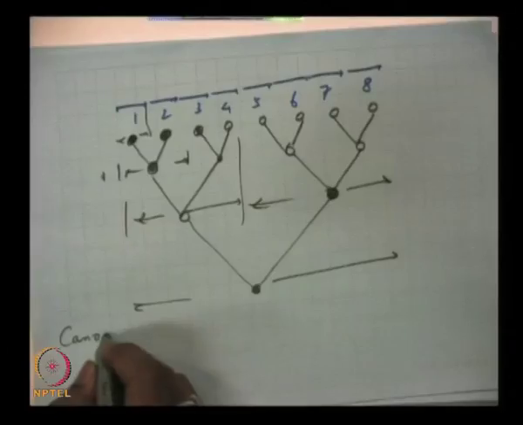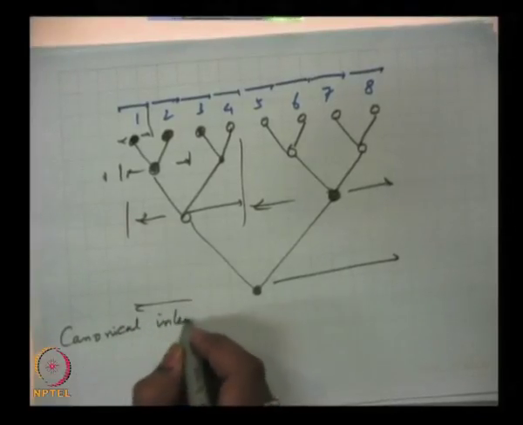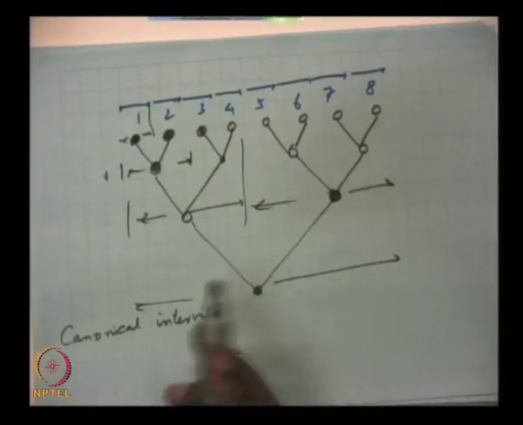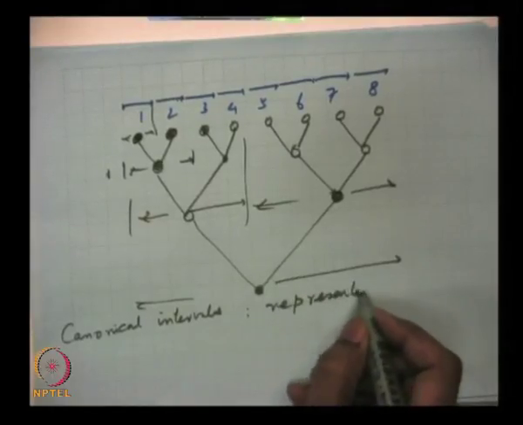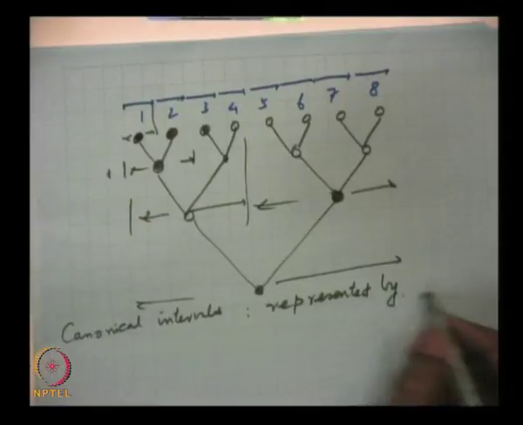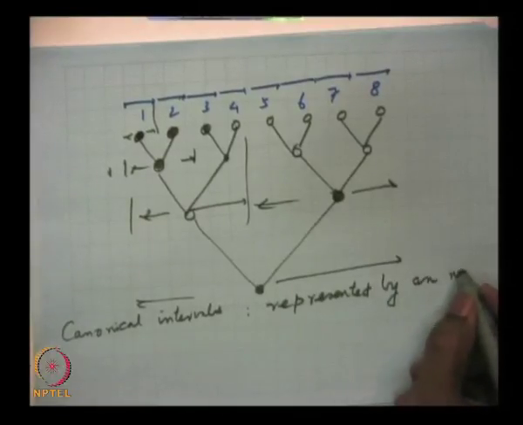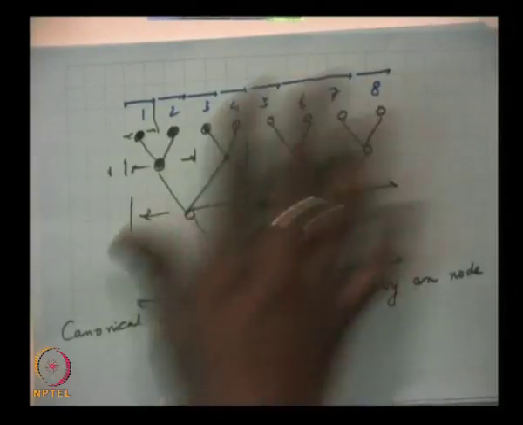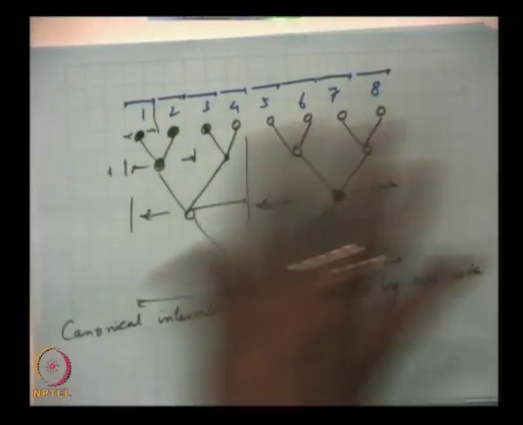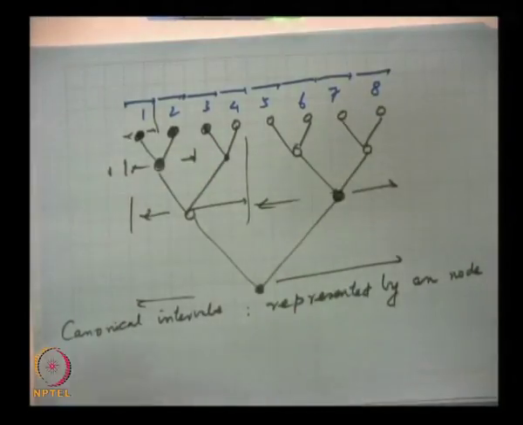So, right now, these are what are called canonical intervals. What is a canonical interval? The canonical intervals are exactly those represented by the leaf nodes. Not just leaf nodes, by any node. So, this is a tree which has about 15 nodes, 8 plus 7. These 15 nodes represent 15 intervals which I am calling canonical intervals.